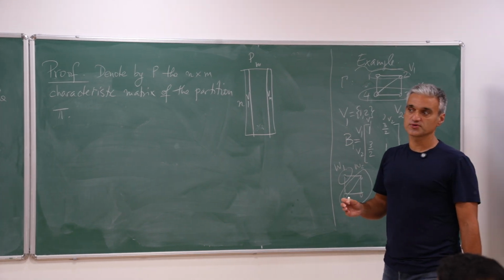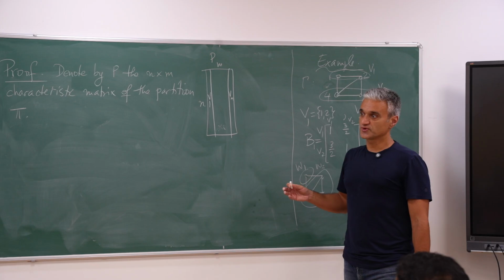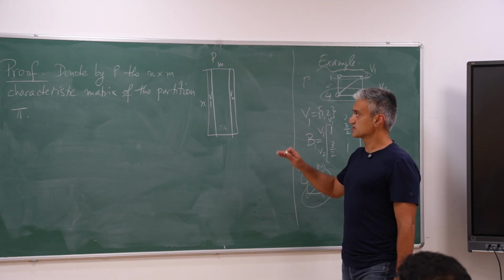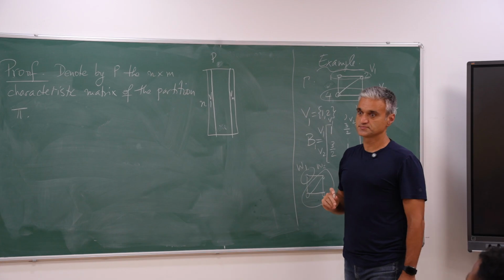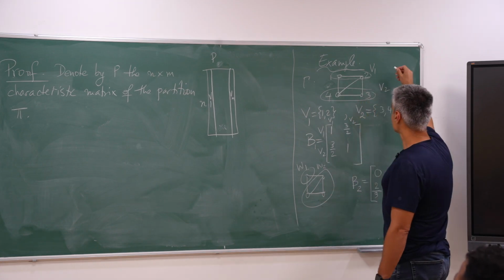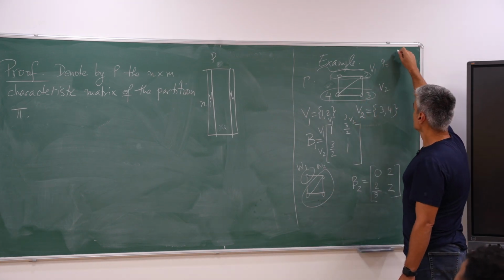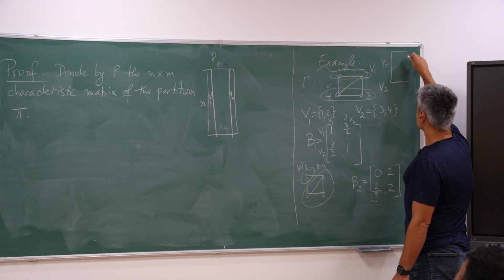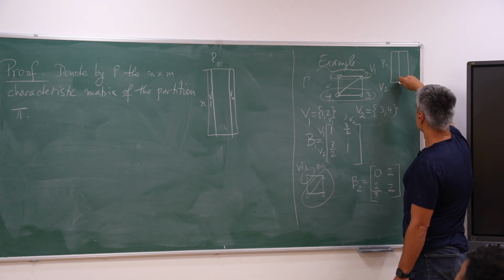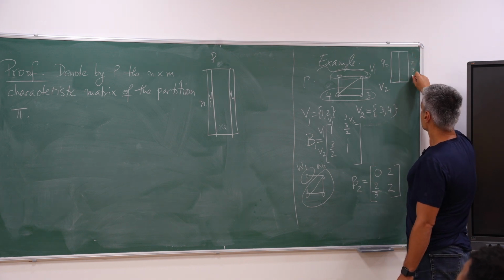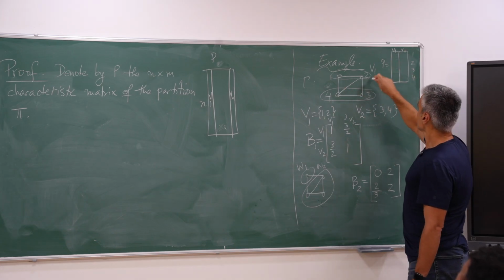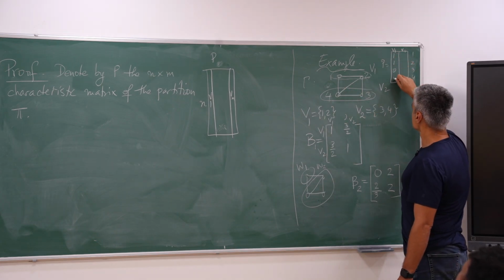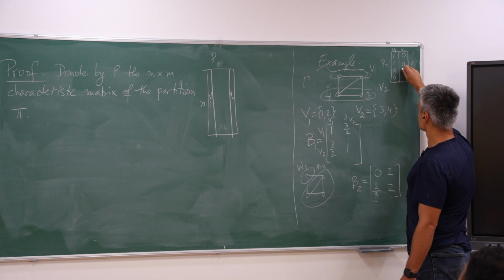As we talked about before, the columns of this matrix P are orthogonal. Here, for example, for the matrix P, you have 4 vertices, 1, 2, 3, 4, and this is V1, this is V2. So for 1 and 2, it's 1, 1, 0, 0, and then you have 0, 0, 1, 1.